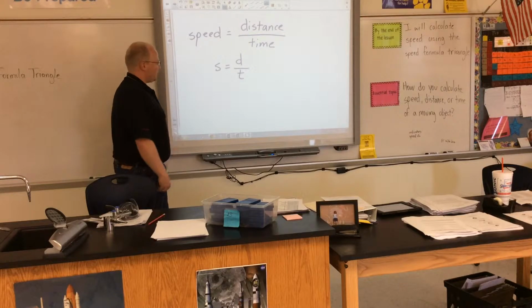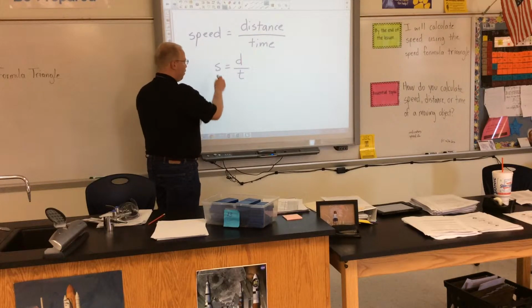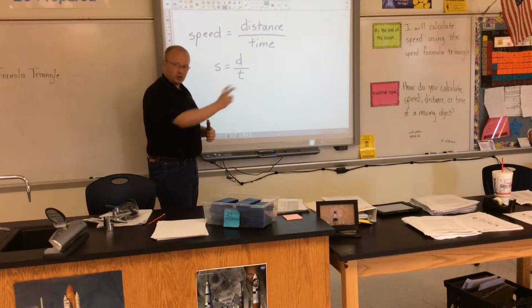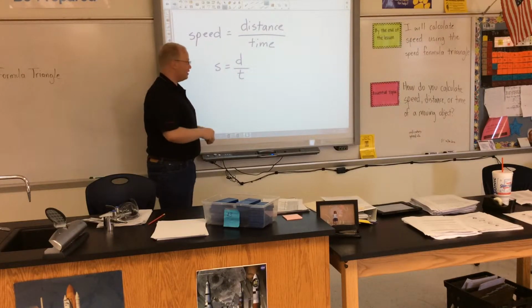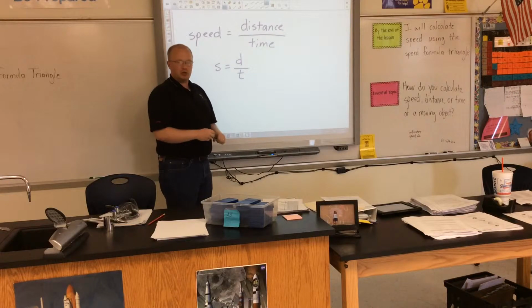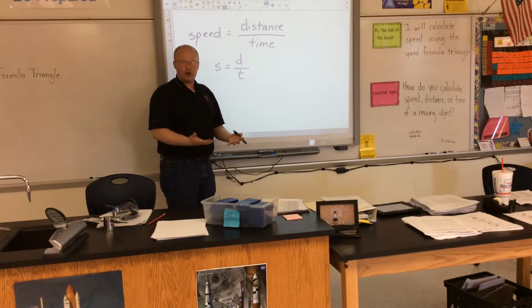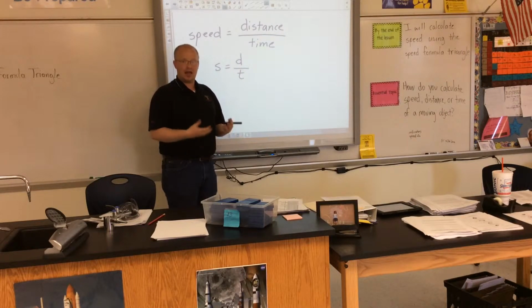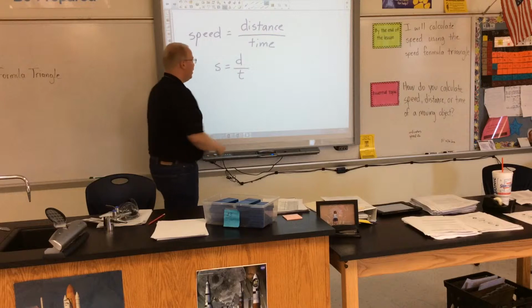Now, when we look at these things, we need to understand that all of these speed, distances, and times come in units. Units are the things you put at the end of a number to know what it is. So when I talk about distances, we're talking like miles, meters, kilometers, centimeters. Times, we think seconds, minutes, hours, maybe even days.